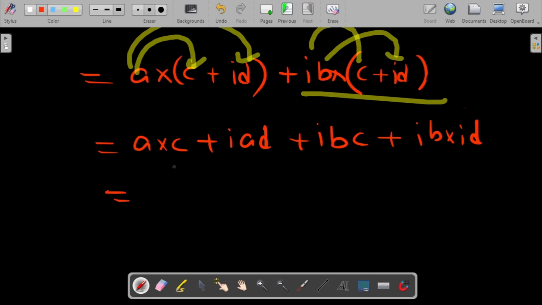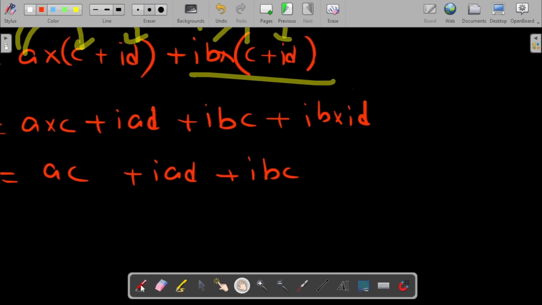If I simplify this, it equals AC plus iAD plus iBC, and here i multiplied with i gives i squared. You know that i squared equals minus 1, since earlier I defined i as the square root of minus 1.